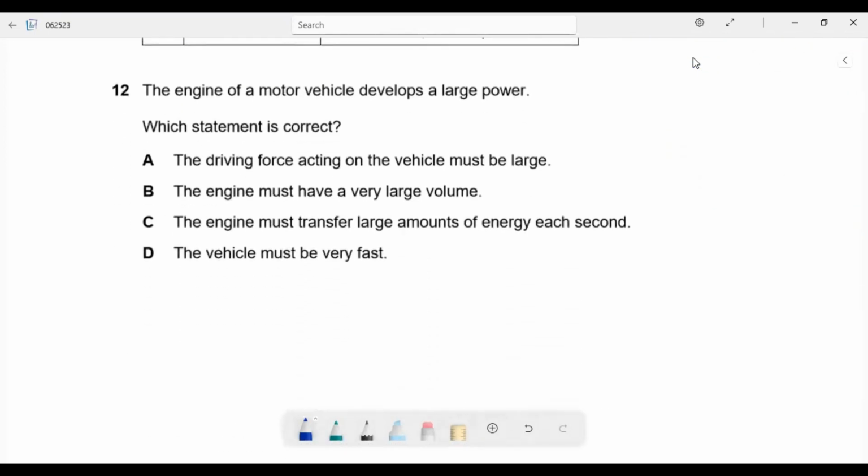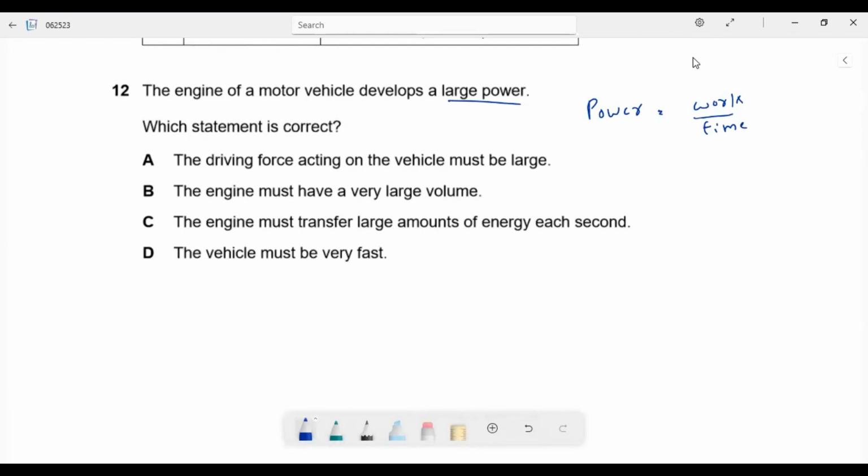The engine of a motor vehicle develops large power. Which statement is correct? Power is the rate of work done, or work done divided by time. If the rate of work done is more, the power will be more.